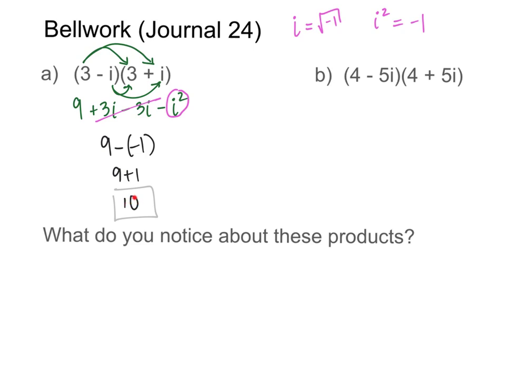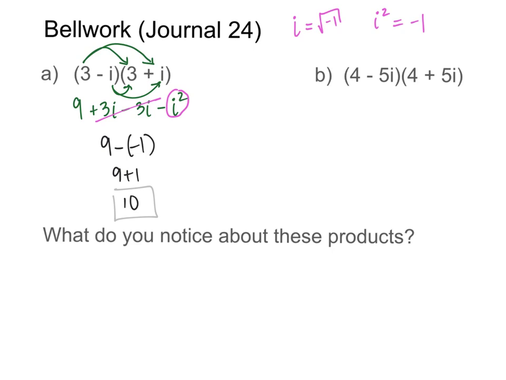And let's understand why. Notice how these are the same factors, literally the same terms. That's a 3, that's a 3, that's an i, that's an i. The only difference here is the signs are different. So let's see what happens when I multiply something that is the same factor but just different in signs.